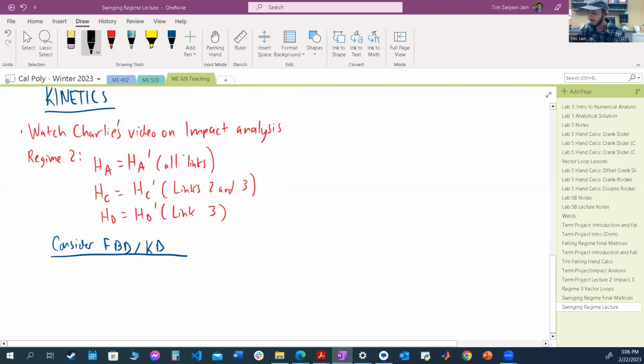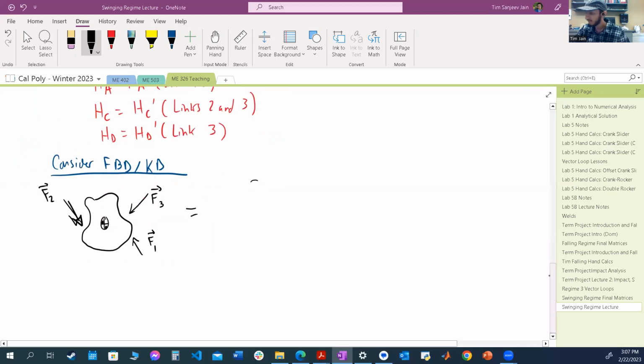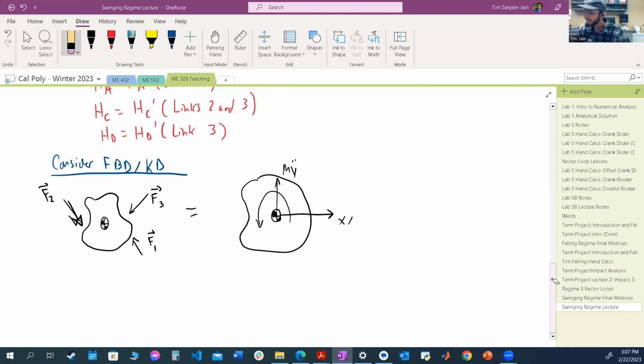We have an arbitrary body being acted on by multiple forces, and that's equal to M y double dot, M x double dot, and I theta double dot.